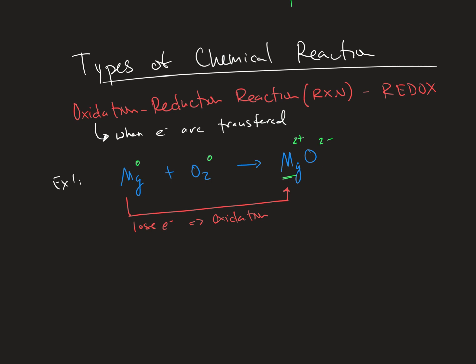All right, if we take a look at oxygen, does oxygen gain or lose electrons? It becomes negative. That means it gained electrons, right? And so we call that reduction. Makes sense in your mind?